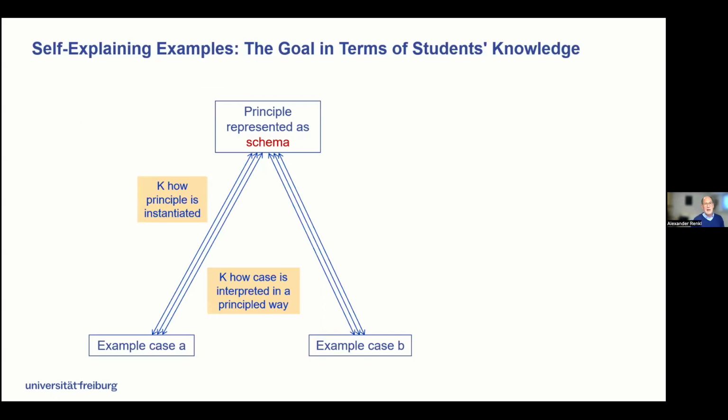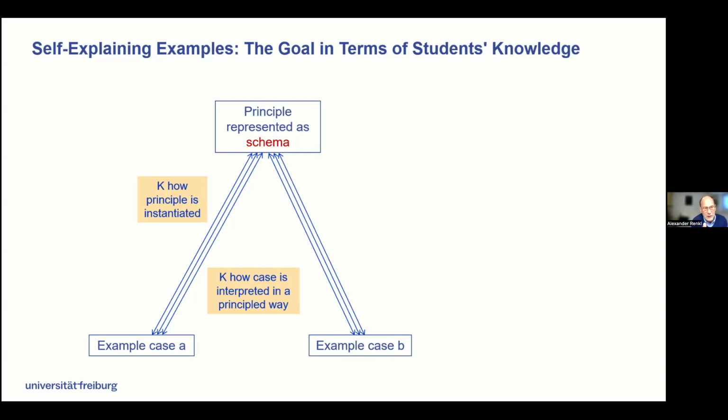And the basic idea of my metaphor, so to say, is: what should the student's knowledge look like? Ideally, the students have a principle represented in memory as a schema to which they can map single problem cases, single problem tasks.